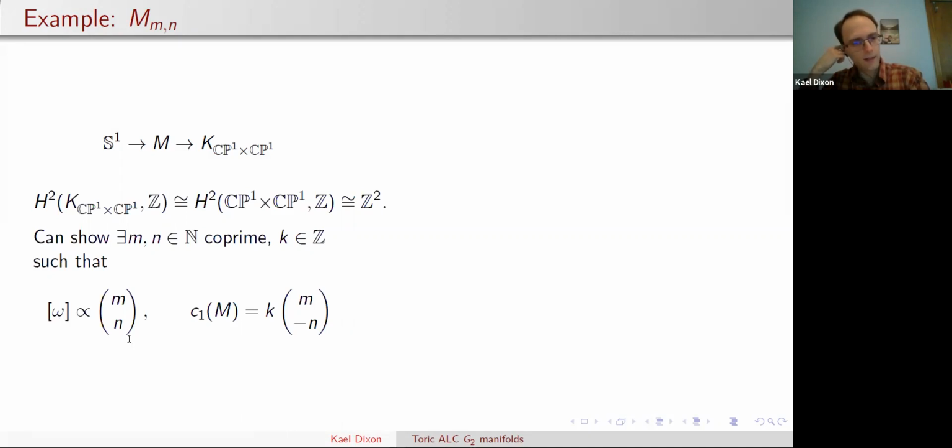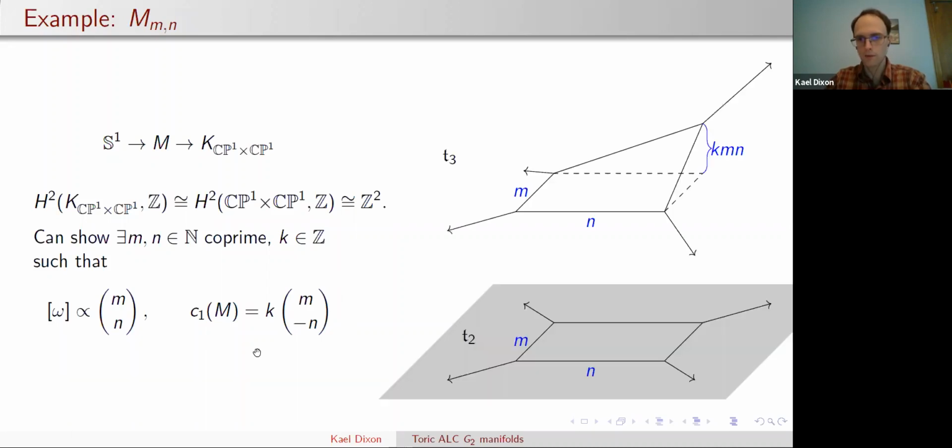And then the first Chern class we needed to be orthogonal to omega, so that means it has to be basically in this form. So this gives these manifolds, which are called M_{m,n} in the paper by Foscolo, Haskins, and Nordström. These admit a cohomogeneity 1 G2 manifold. And then this is the picture that you get.